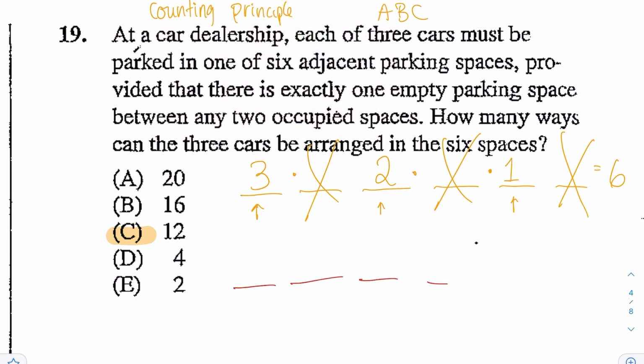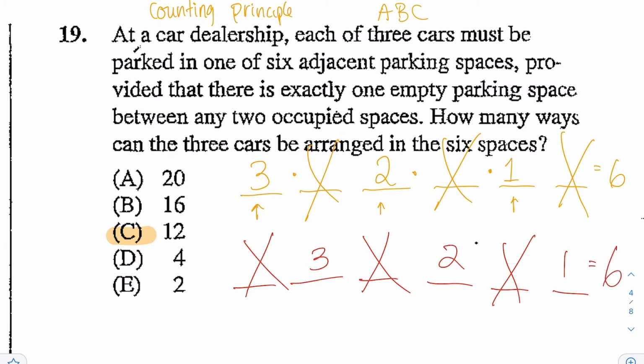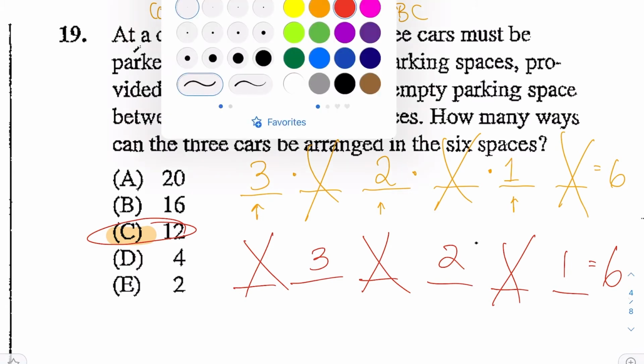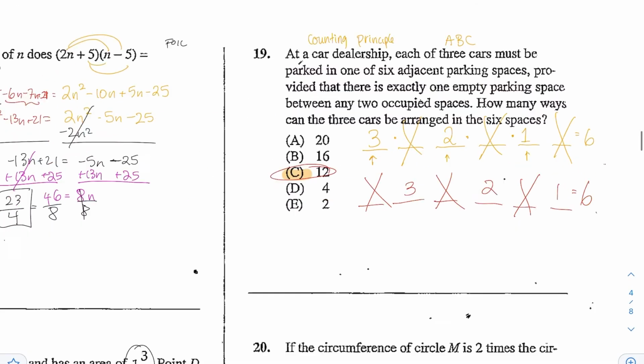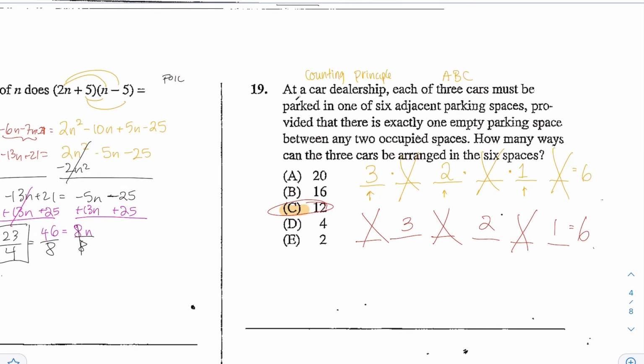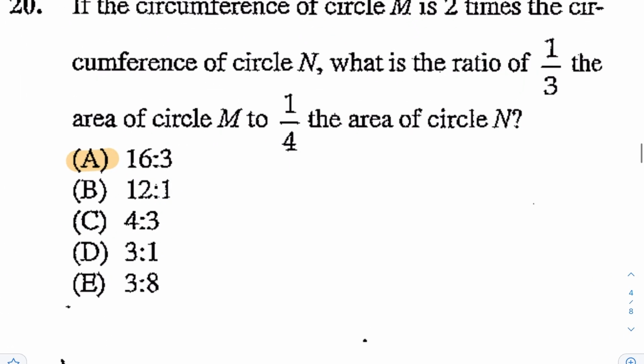If you make the first spot empty, then you have the same 3, 2, 1 for those positions, and that's another 6. So in total, you have choice C, 12 options. So number 19, just a variation of the counting principle, really helps to draw a diagram.